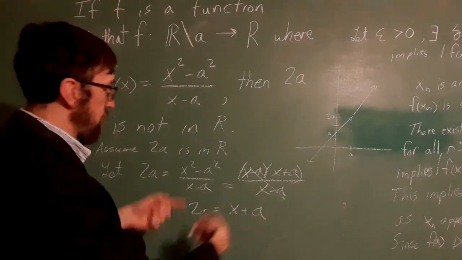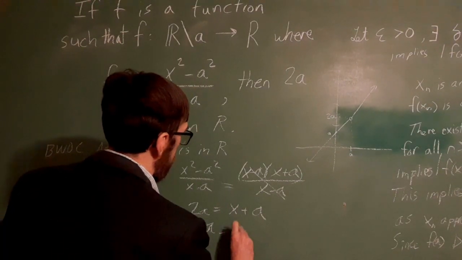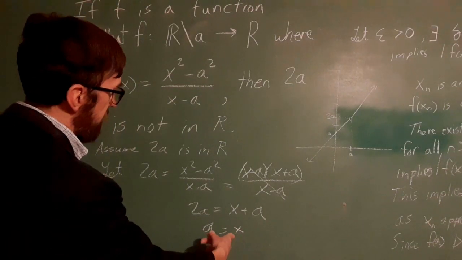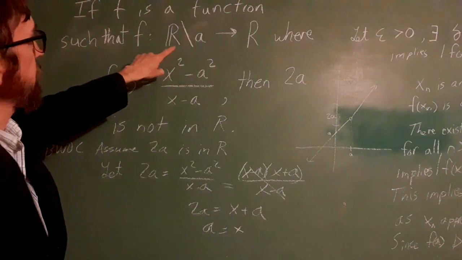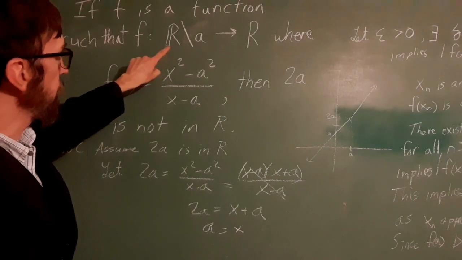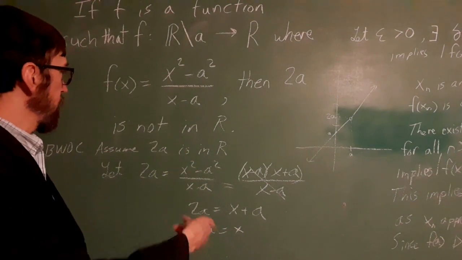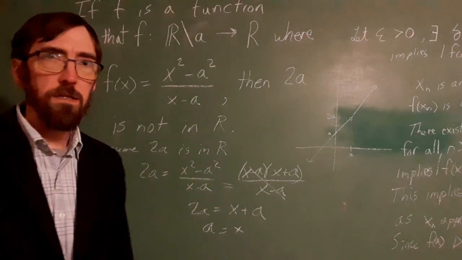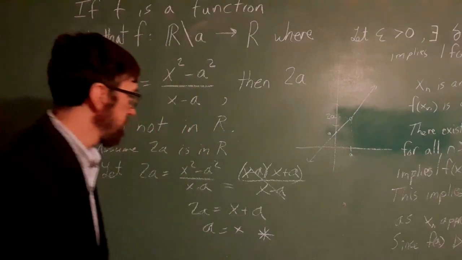Solving this for x, I'll subtract a from both sides, and this gives me a is equal to x, and there's my contradiction, because x being a is a contradiction of the definition of the function, which says that a is not a part of the domain. Therefore, we must conclude that our assumption was wrong and 2a is in fact not in the range. So this is the contradiction.